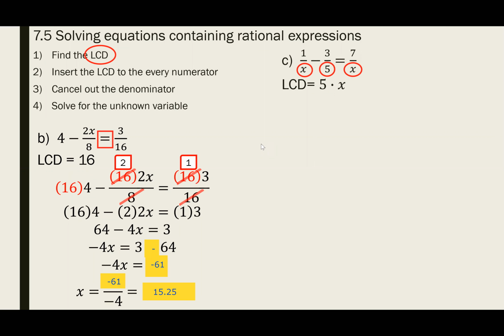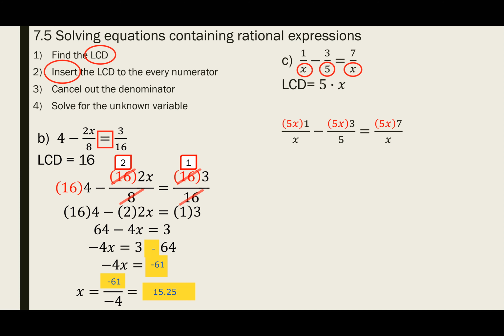So once I find the LCD, now I need to insert my LCD to the numerator. This is my LCD, 5x. I put the LCD on the numerator with the 1. I put the LCD with the 3. I put the LCD with the 7.